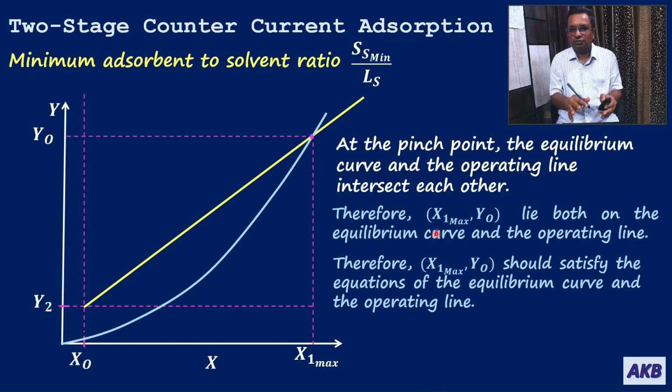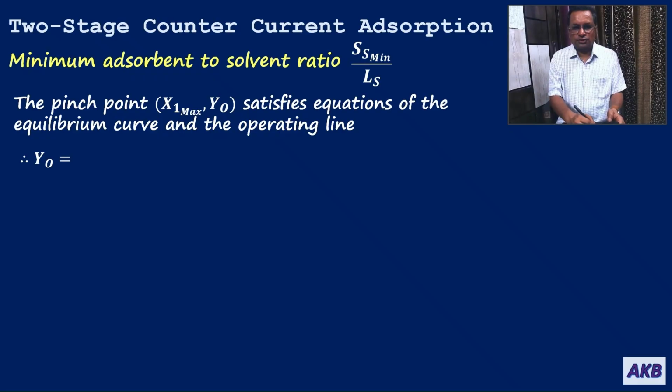Right now, you must have understood how the pinch point occurs at the concentrated end of the cascade, if the equilibrium curve is a straight line or it is concave upward. So in this case, the pinch point, which has coordinates of x1 max, y0, satisfies the equations of the equilibrium curve and the operating line.